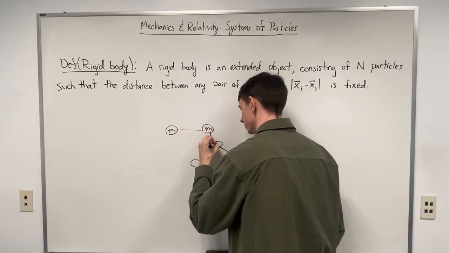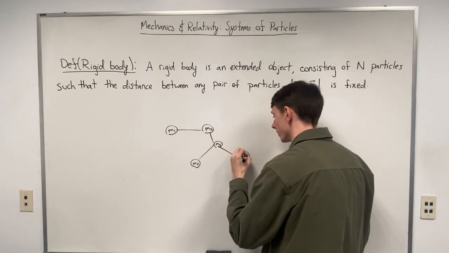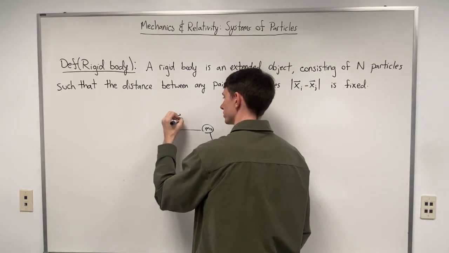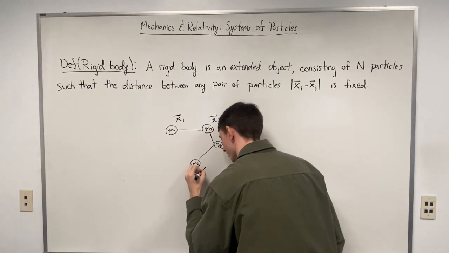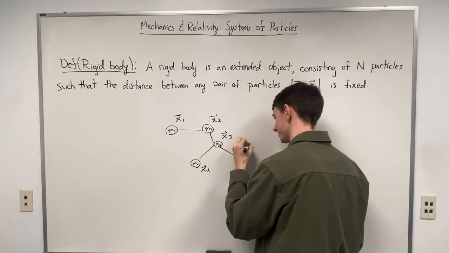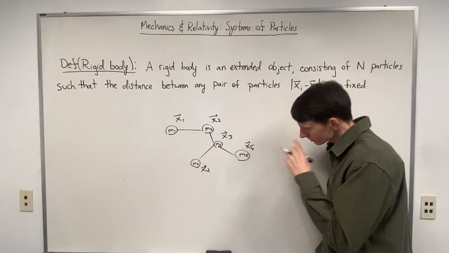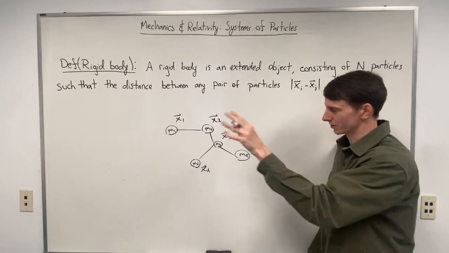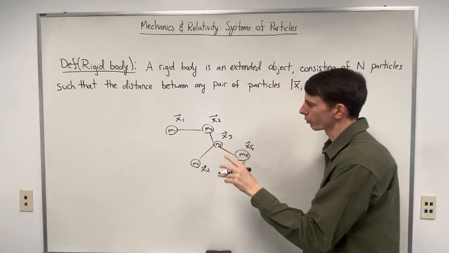So M1, M2, M3, M4, and M5. Also, each of these particles are going to have their own positions, right? So we have position X1, X2, X3, X4, X5. Now, I should mention too that these are not nodes and vertices like we're doing graph theory or anything, but these are supposed to be 5 different point particles.